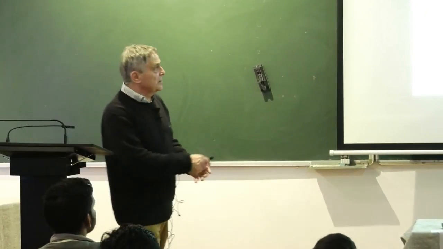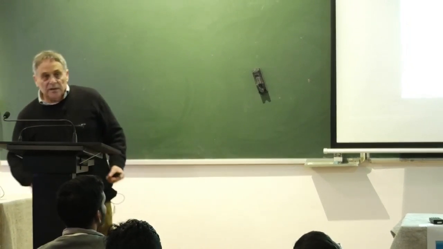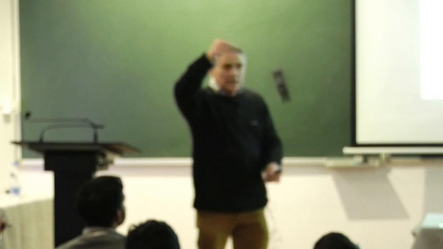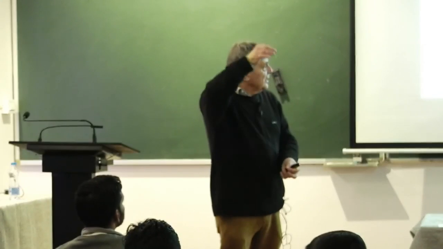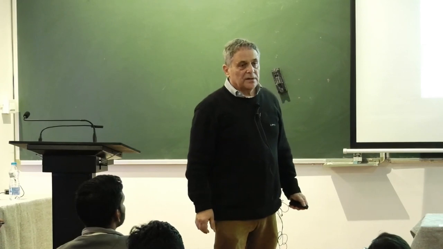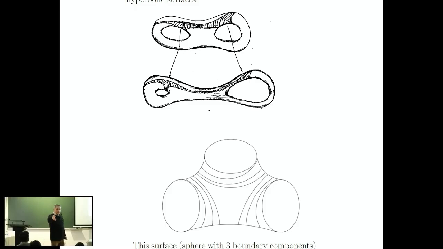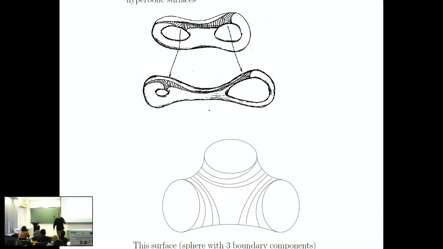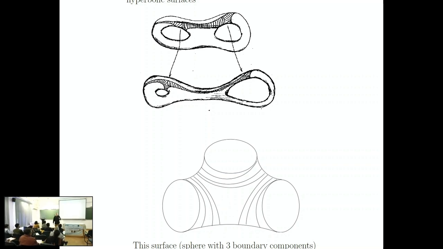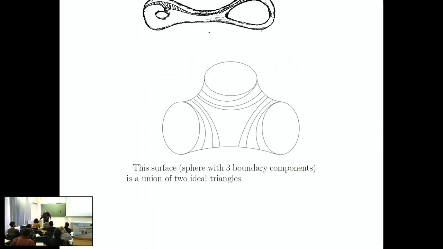These ideal triangles which you draw here are covered by genuine ideal triangles in the universal covering. So Professor Shah will say something about universal coverings. So this is okay. I have to conclude now.